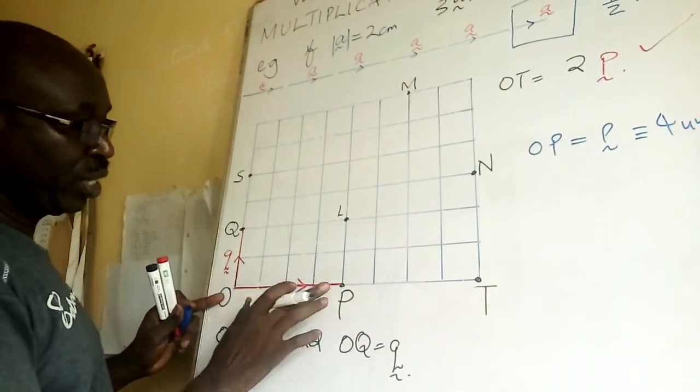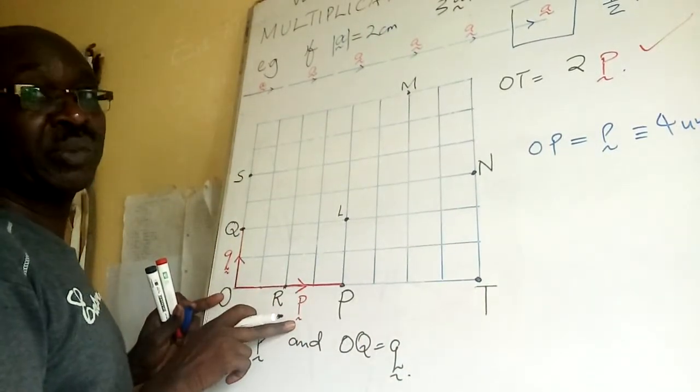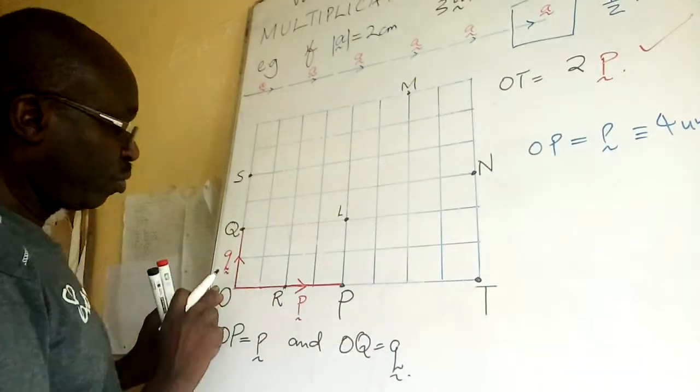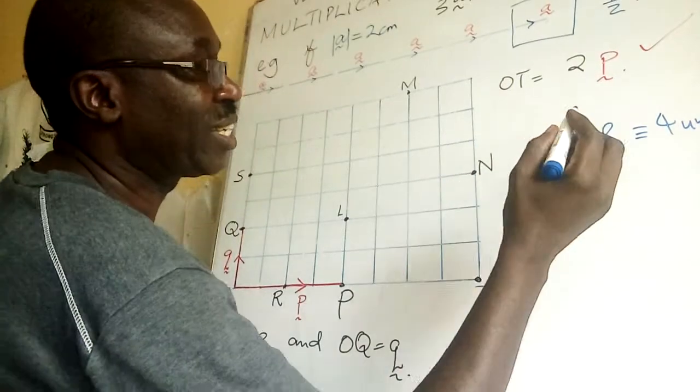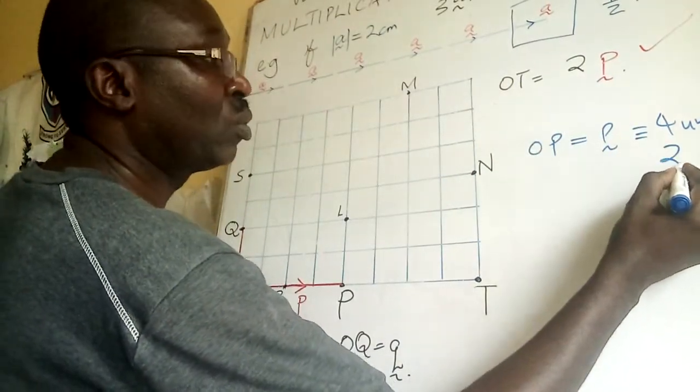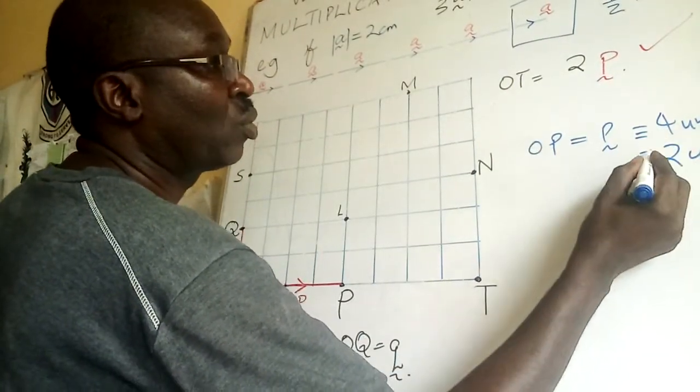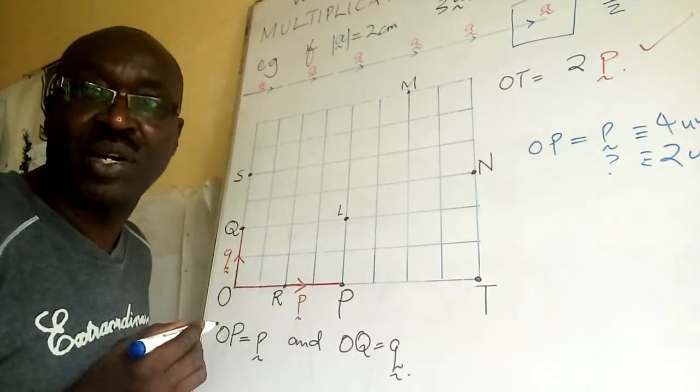From O to P, which is represented by P, is 4 units. From O to R, in the same direction, it is 2 units. So what vector will represent?